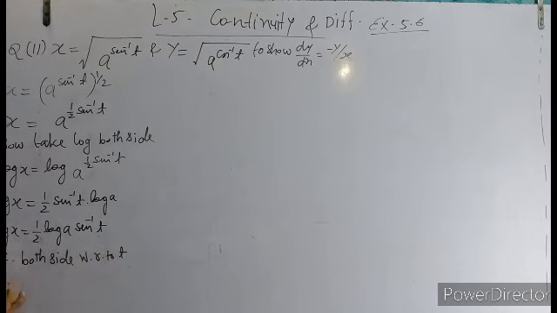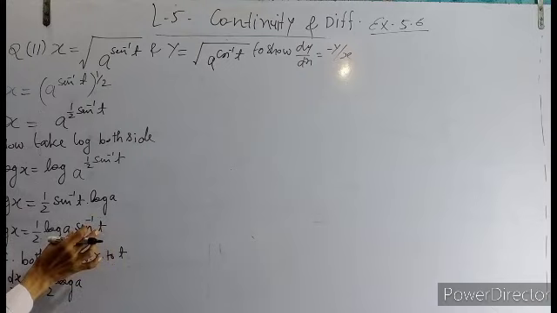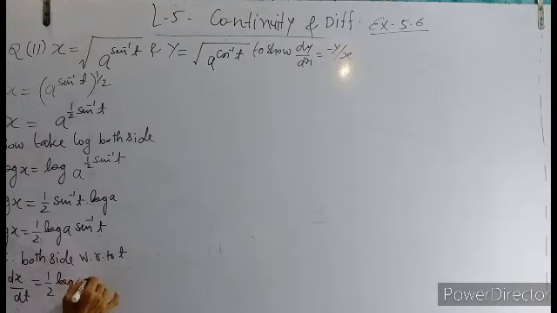The derivative of log x is 1 by x into dx by dt. On the RHS, 1 by 2 log a is a constant coefficient of the derivative, so we only write the derivative of sin inverse t, which is 1 upon under root 1 minus t square.